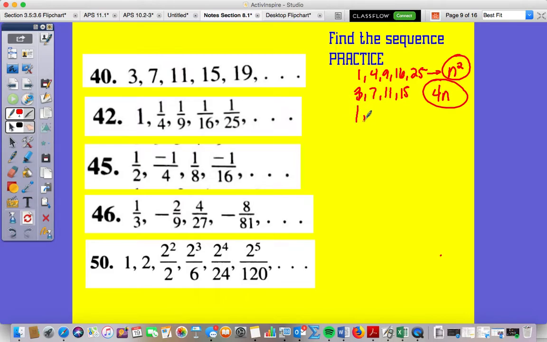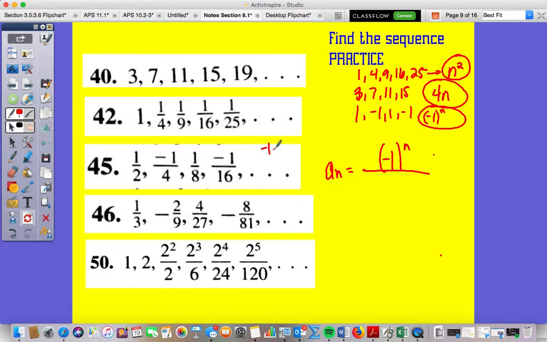Now, when I go from 1, negative 1, 1, negative 1, a hint on this is taking negative 1 to the n power, okay? Say, Coach, what does that do? Well, look at the top. So let's say I have here a sub n equals negative 1 to the n power. Just looking at the top, if I put 1 in for that, I get negative 1.